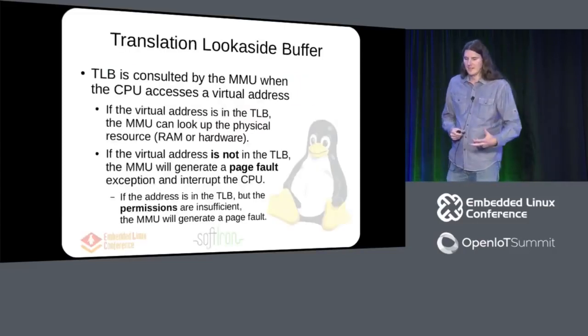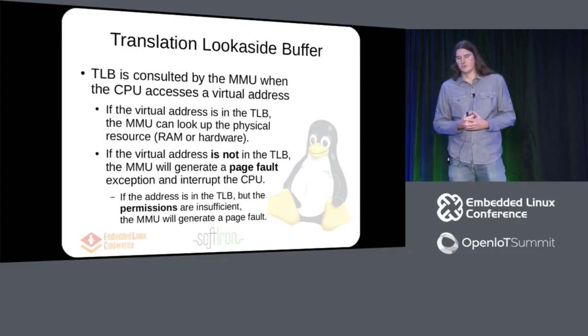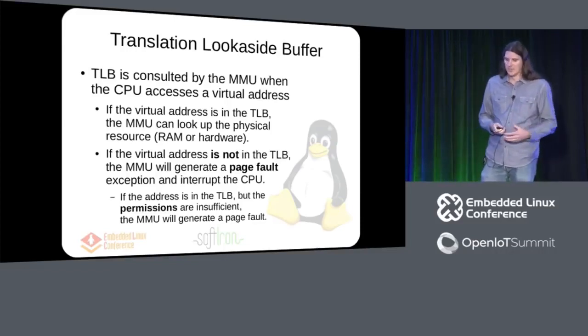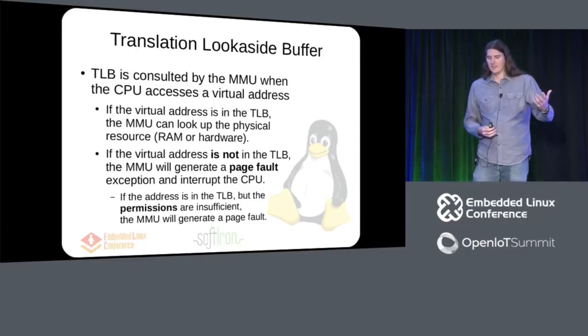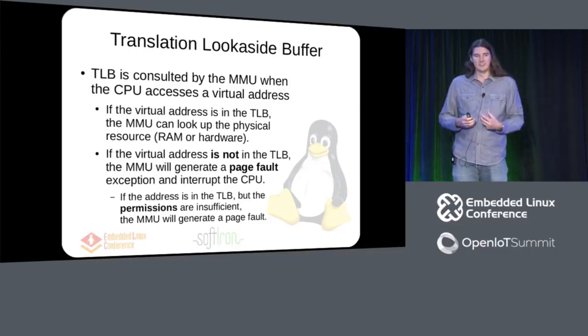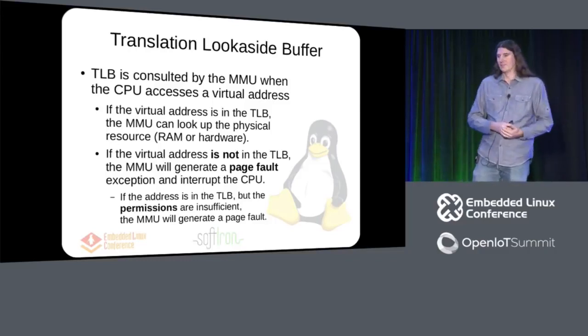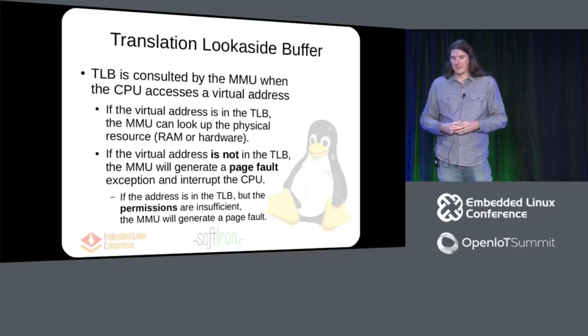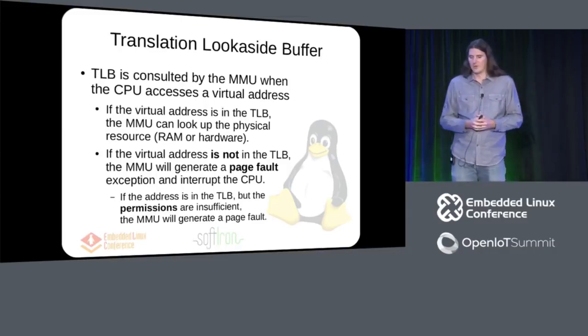So the TLB, like I said, is consulted by the MMU when the CPU accesses a virtual address. If the virtual address is in the TLB, then the MMU can look up the physical resource, whether it's a physical RAM address or a physical hardware address. It can just perform this lookup, and it can return or store the appropriate data.